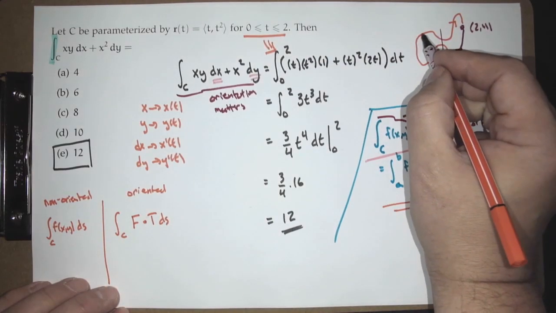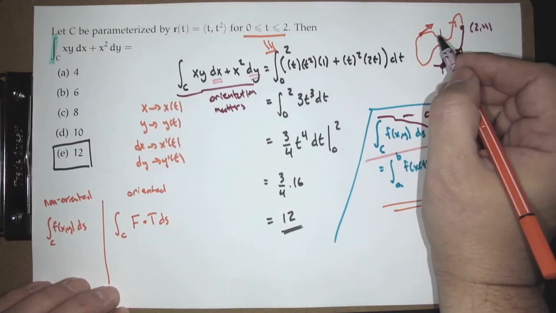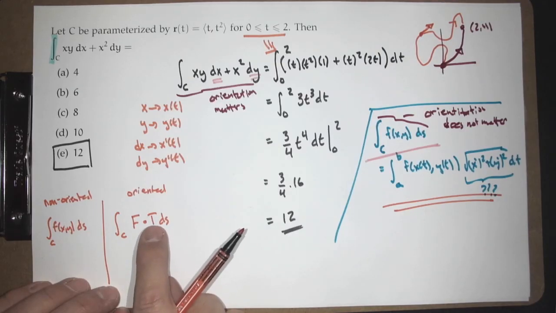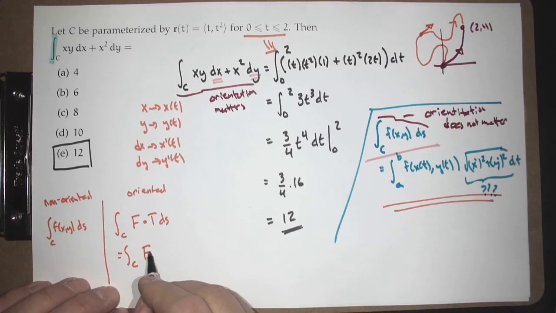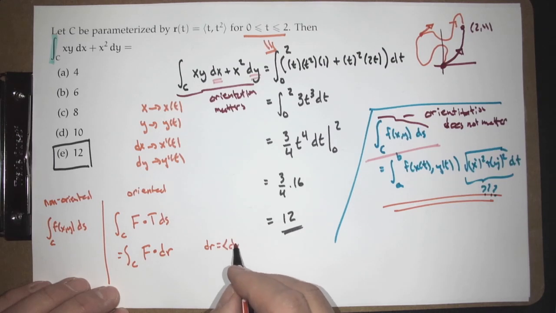So given your current place, what's the direction? So it's the unit tangent vector and then ds. So this T is giving you your orientation. This is the same as the integral along the curve f dot dr, where dr is your dx comma dy.